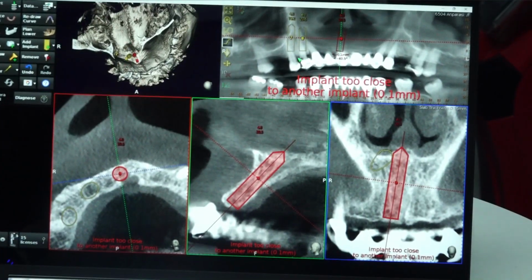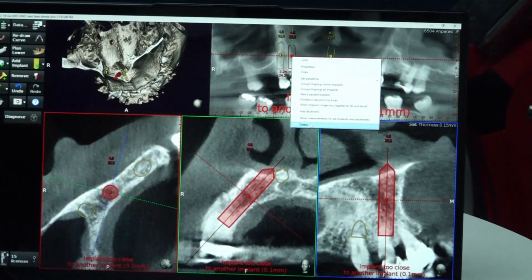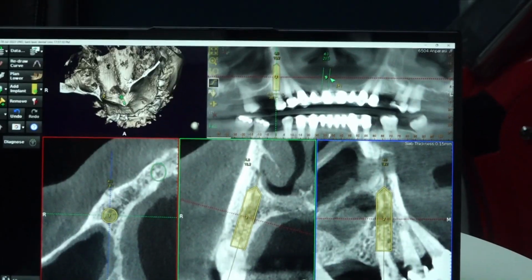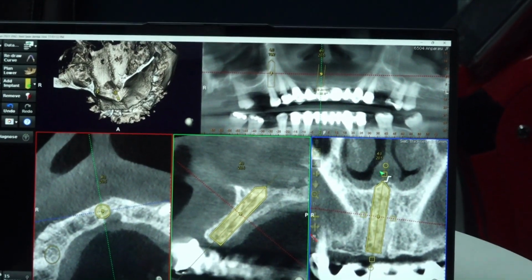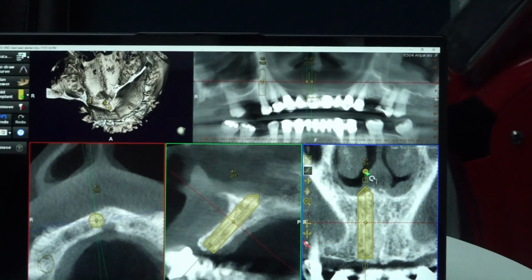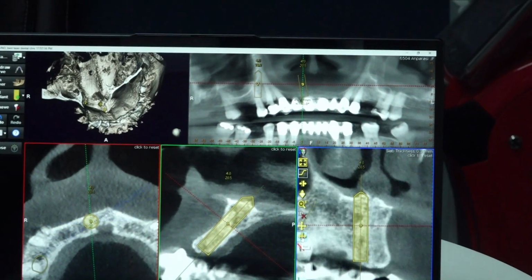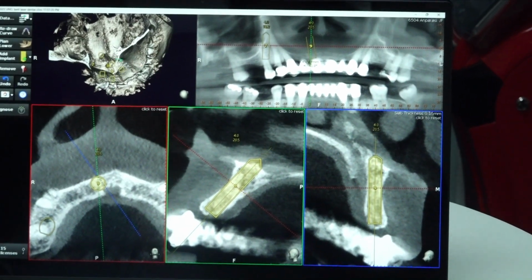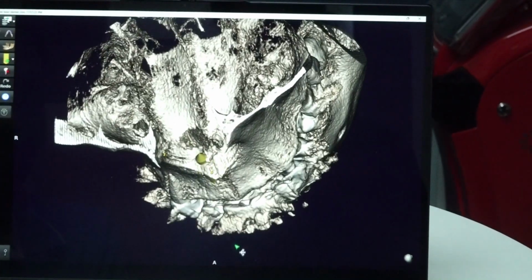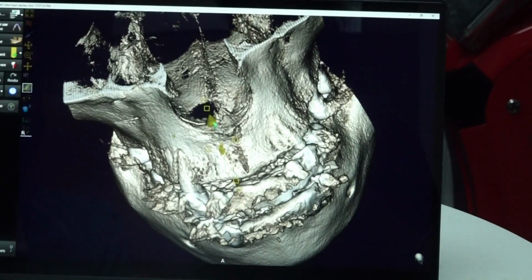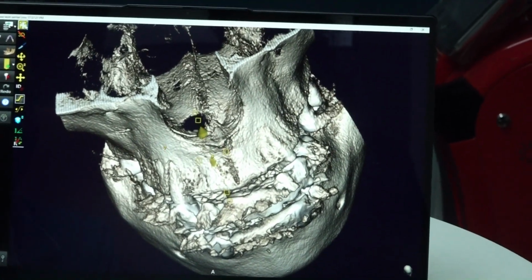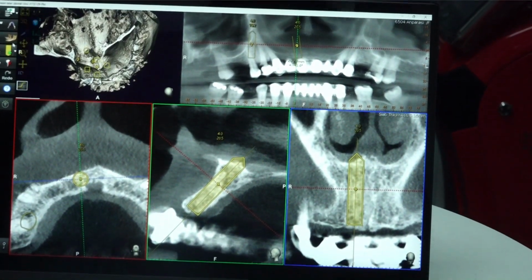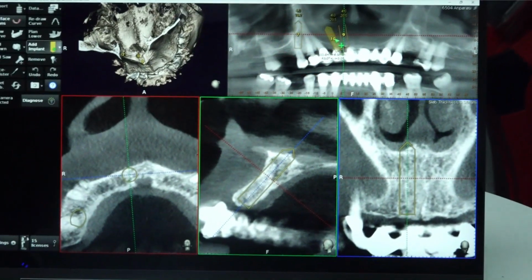So the alternative plan in this kind of situation is that I will place a 1-1 implant now. First we will plan for the 1-1. This is the 1-1 implant, coming out at the nasal floor here. And I will place one more implant in the 1-2 region.